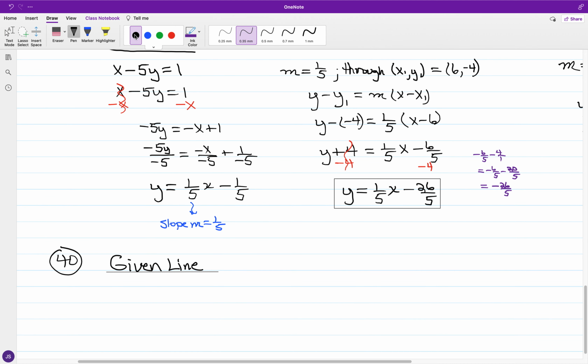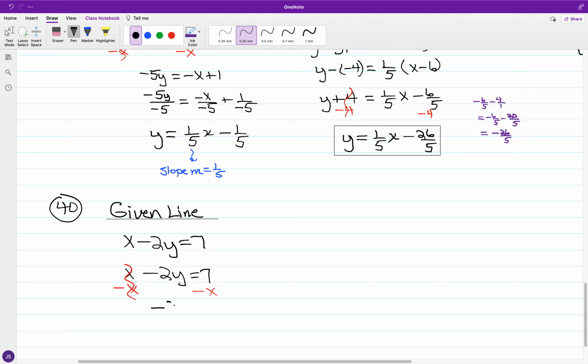Again, I can move the x over by subtracting. So we have that negative 2y is equal to negative x plus 7.